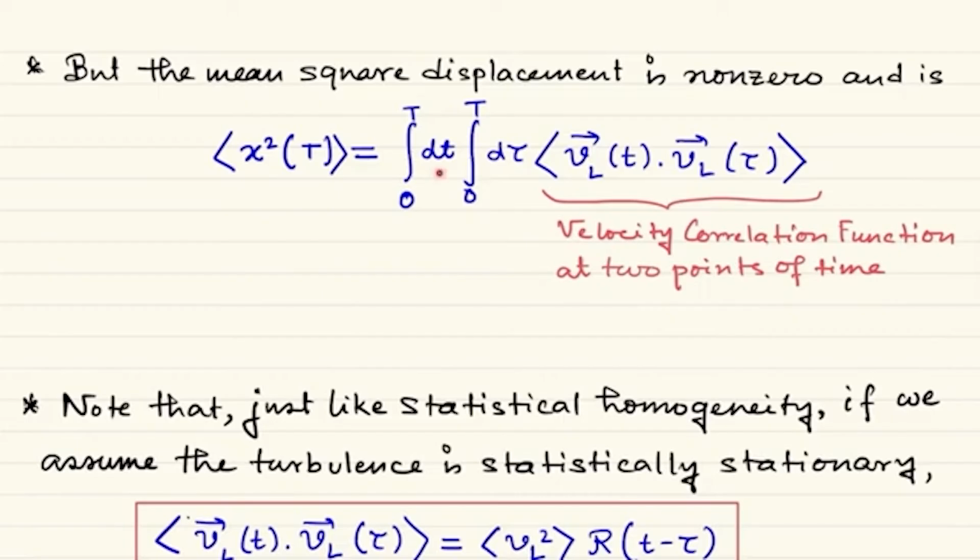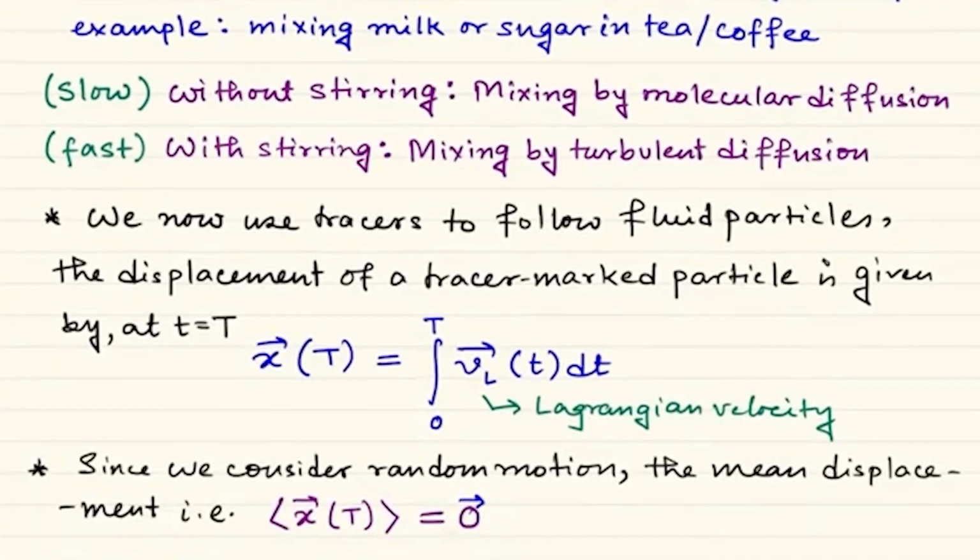One integration will be on small t, another integration will be on some other time coordinate tau, and this double integration will be done on the 2-point velocity correlation function of the Lagrangian velocities at two different time points, one at t, one at tau.